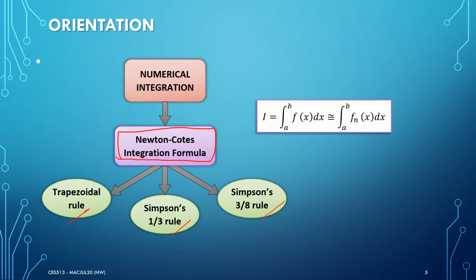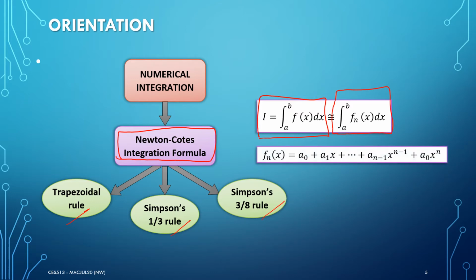For example, here we have the integration of this function, and then it will be approximated to this function, where the function fn here is a polynomial function equal to a0 plus a1x plus and so on until an-1 x to the power of n-1.